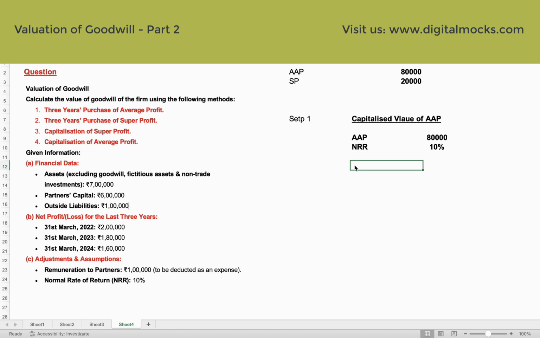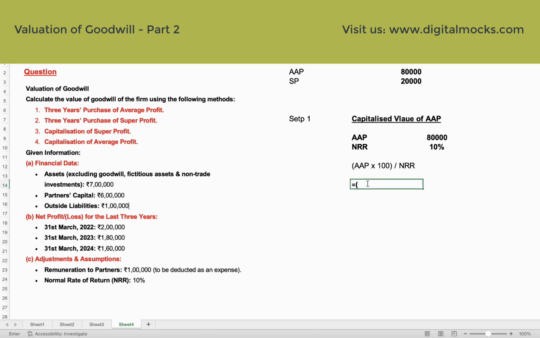Now how to calculate that? We will take the formula: AAP multiplied by 100 and divided by the normal rate of return. This formula gives us how much money we should put in the bank in order to earn this 80,000 at the rate of 10%.